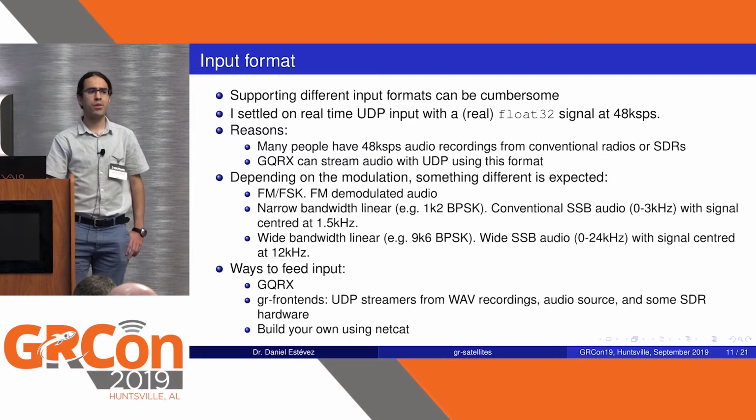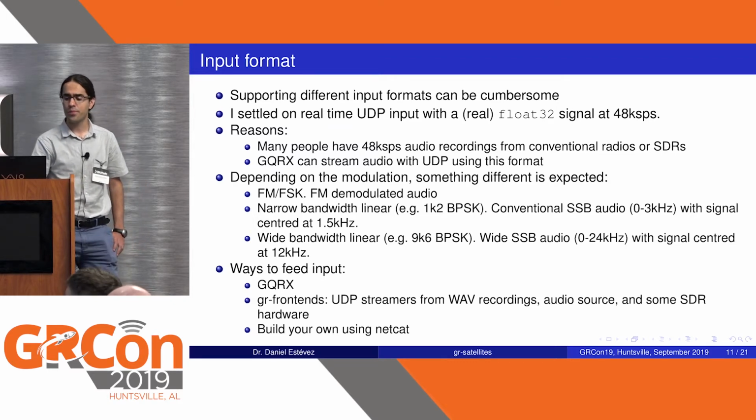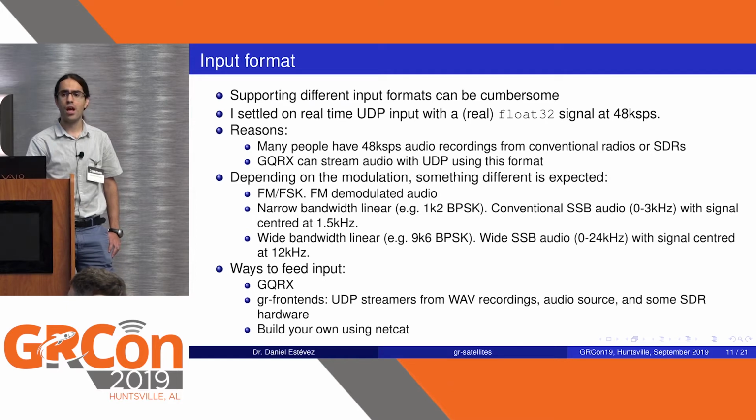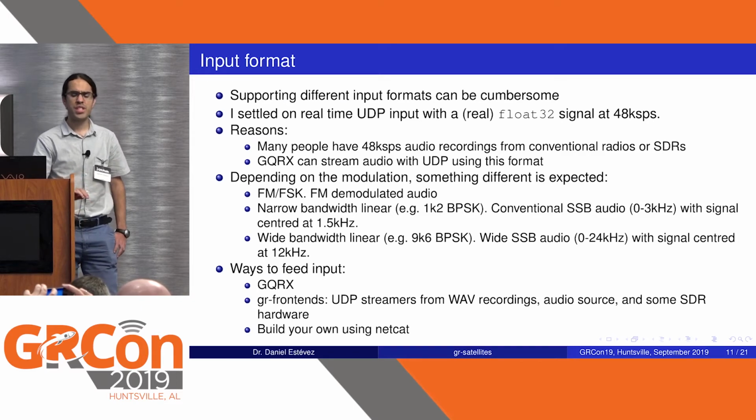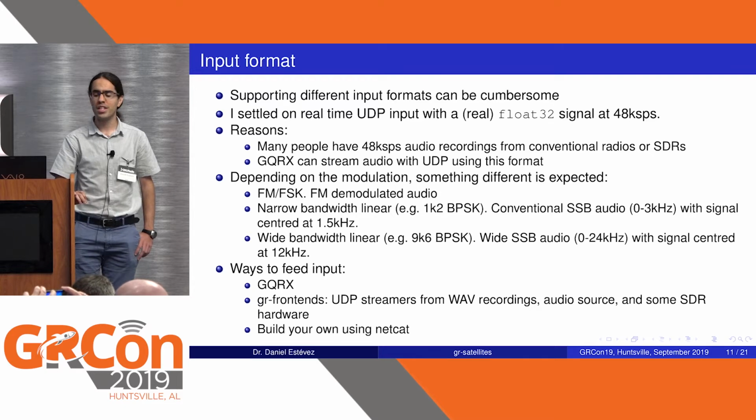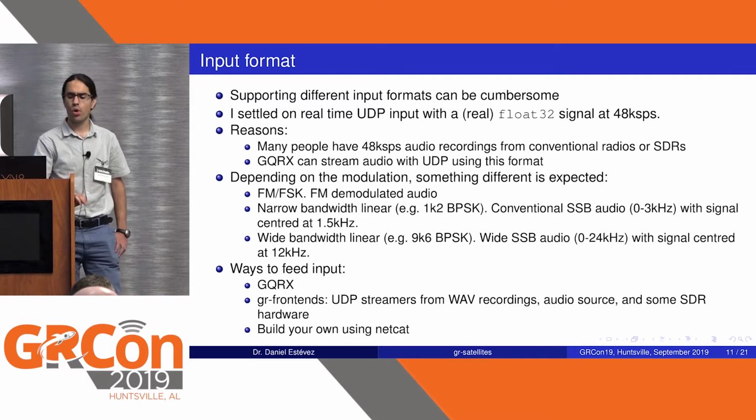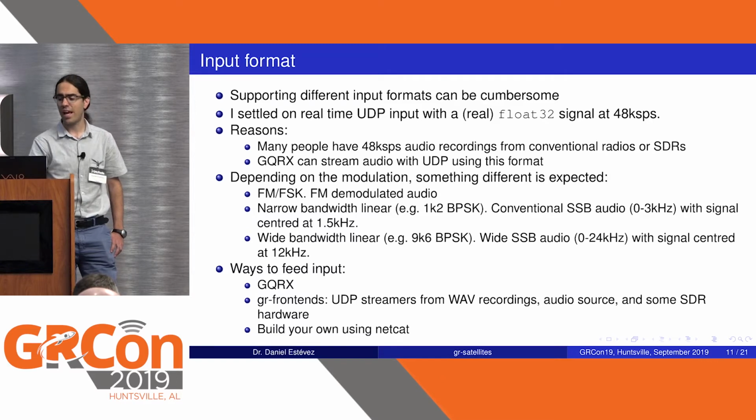About the input format, anyone who has the need to support different formats for radio stuff knows that this can get really cumbersome, because there are different sample rates, different sampling formats, IQ, real data, and so on. So to keep things simple, I decided to settle on one single format for the input for almost all of the flow graphs, and this is real-time UDP input using a real signal. So this is a single channel, floating point 32 bits at 48 kilohertz, so the usual audio sampling rate.